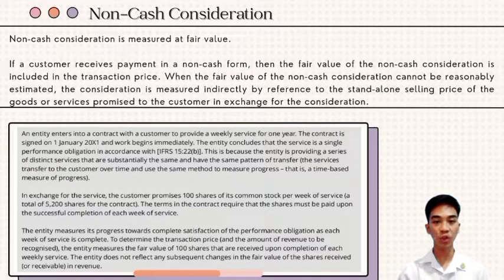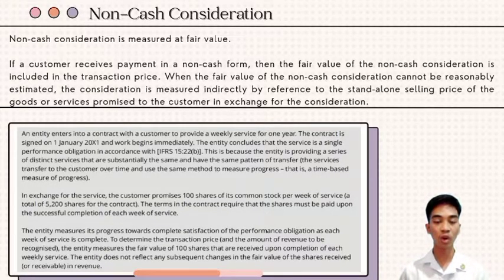The next factor is the non-cash consideration, which should be measured at its fair value. If you receive payment in a non-cash form, then the fair value of the non-cash consideration or payment is included in the transaction price. When the fair value of the non-cash consideration cannot be reasonably estimated, the consideration is measured indirectly by reference to the standalone selling price of the goods or services promised to the customer in exchange for the consideration.